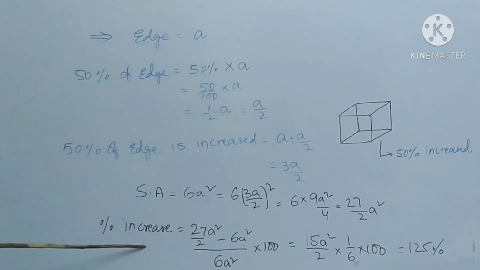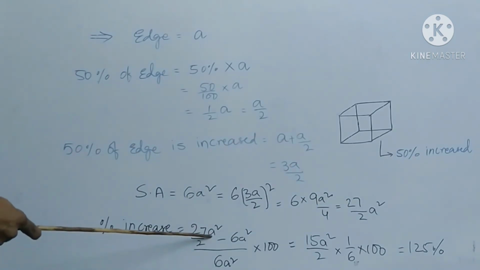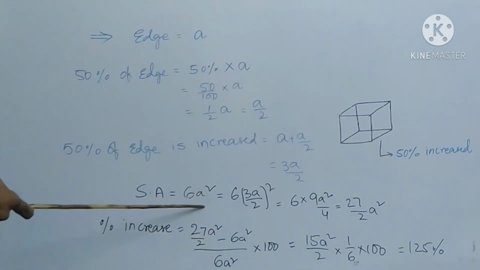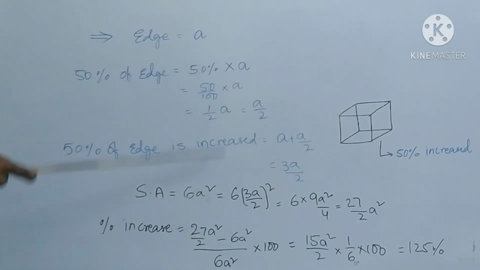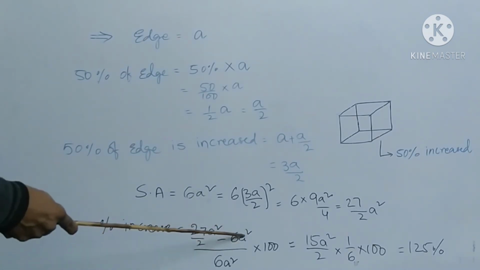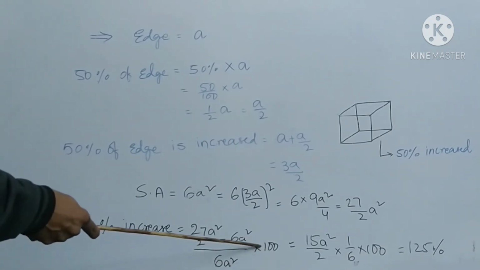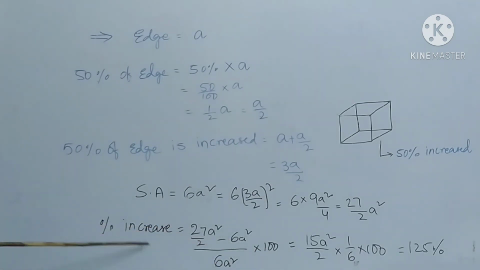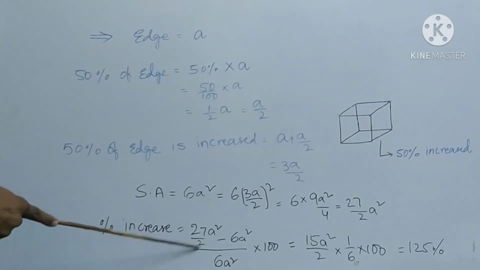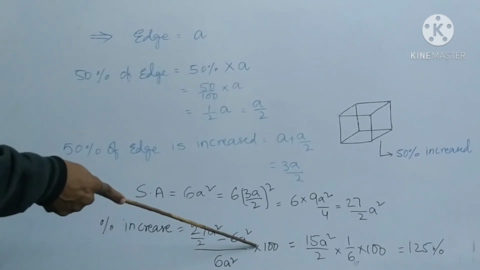So the percentage increase is 27/2 a square minus 6a square, because originally the edge is a, divided by the actual surface area 6a square, into 100. The percentage increase formula is: increased surface area minus actual surface area, divided by actual surface area, into 100.